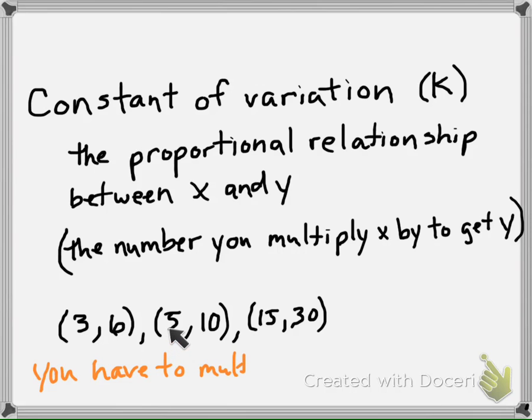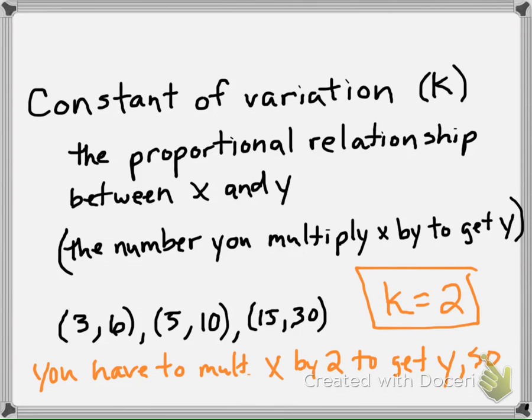I have to multiply 5 times 2 to get 10. I have to multiply 15 times 2 to get 30. Therefore, K equals 2. So my constant of variation for this relationship is 2.